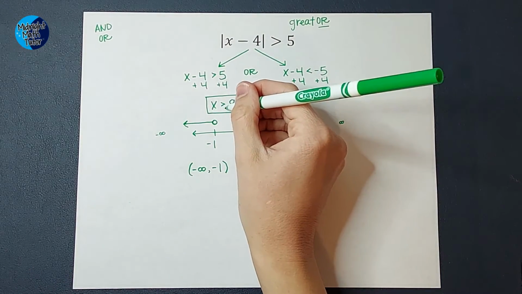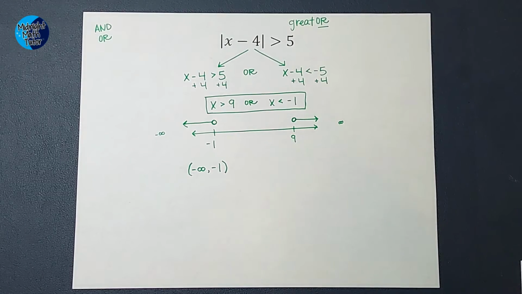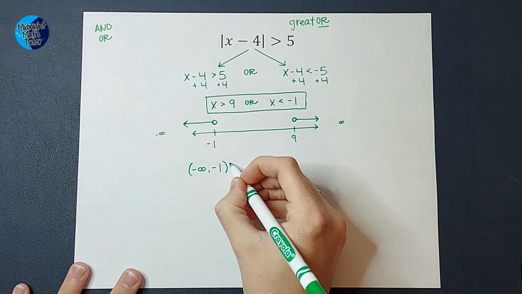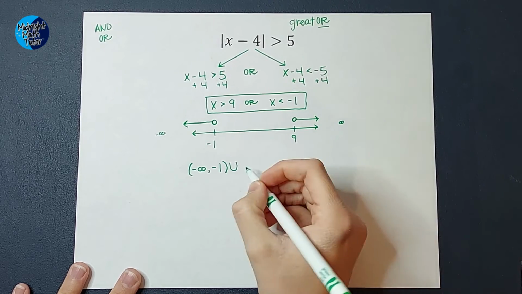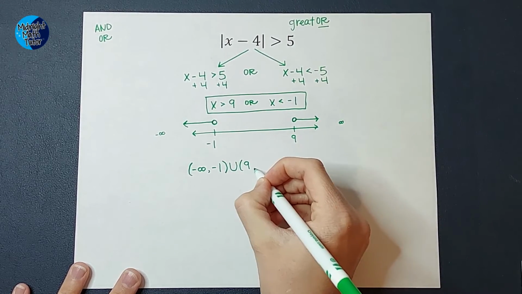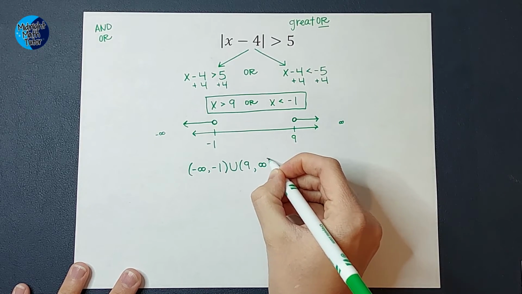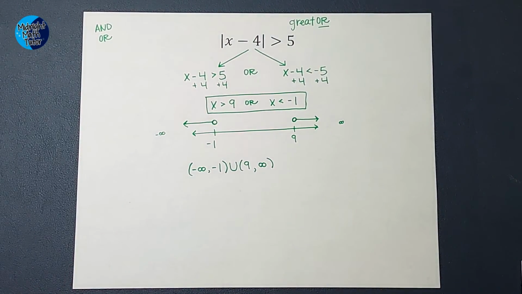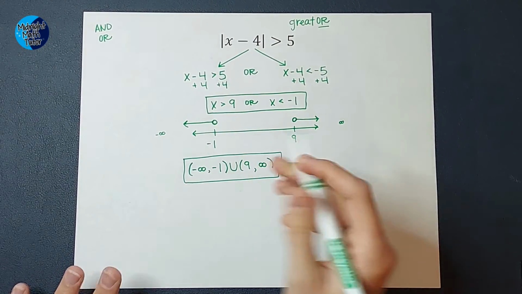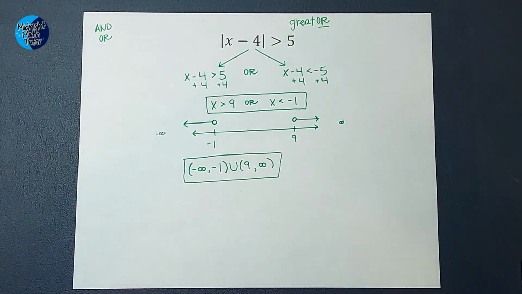Again, if this were an equal to, we would use a bracket to signify it can be -1, okay? And then this is U or union, united with. It can also be from 9 to infinity, and both of those get parentheses as well, okay? So these two are the same answer, just written two different ways.